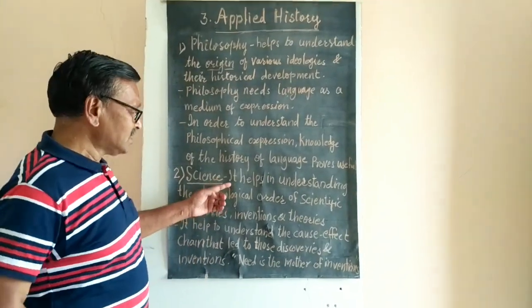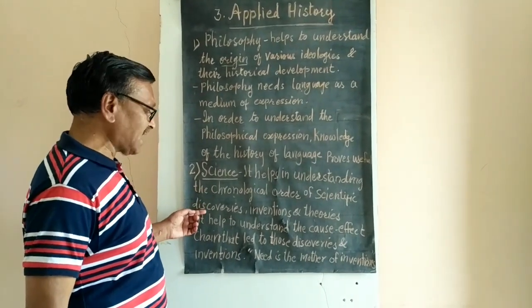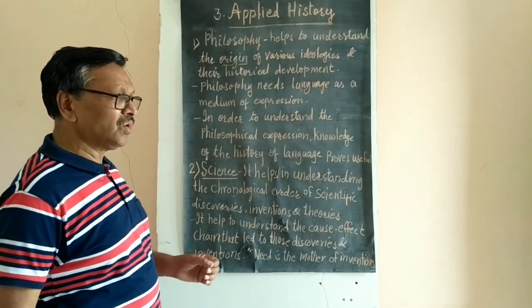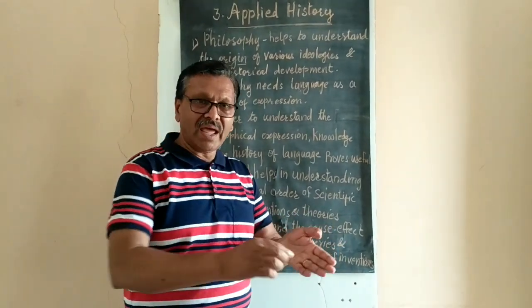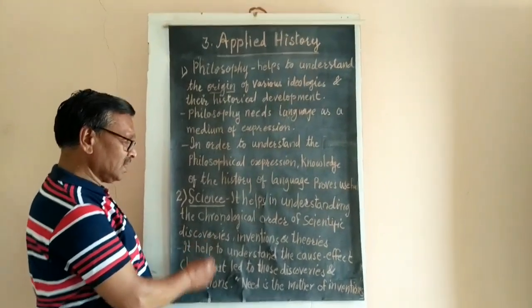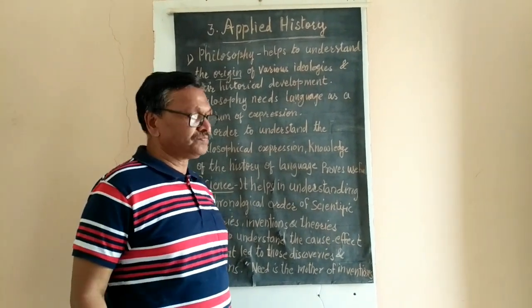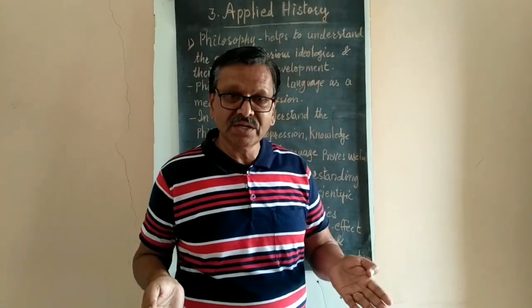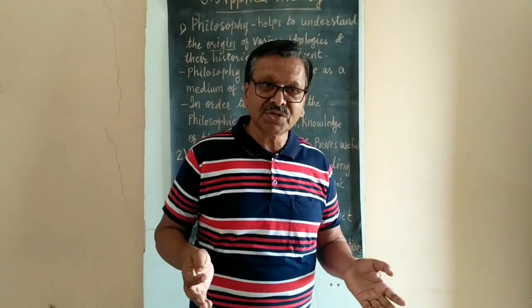So science helps us in understanding the chronological order of scientific discoveries, inventions, and theories. Any invention has a theory behind it, and then the scientific discoveries take place. For example, now we are in the corona situation, COVID-19, and we are in need of a vaccine.